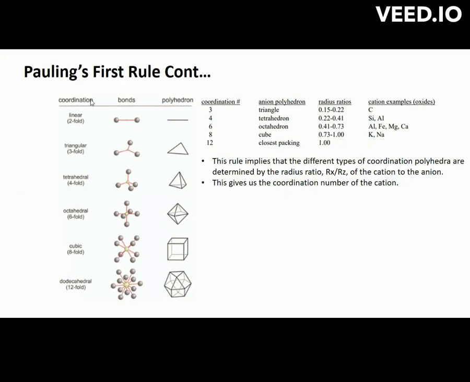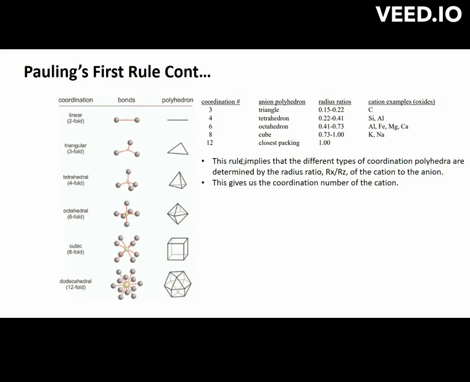Now let's check. Remember Pauling's first rule. It talks much about the cation-anion distance, which will give us the sum of the radii. We also talk much about the coordination number, which can be determined by the radius ratio, wherein we take the radius of the cation divided by the radius of the anion.